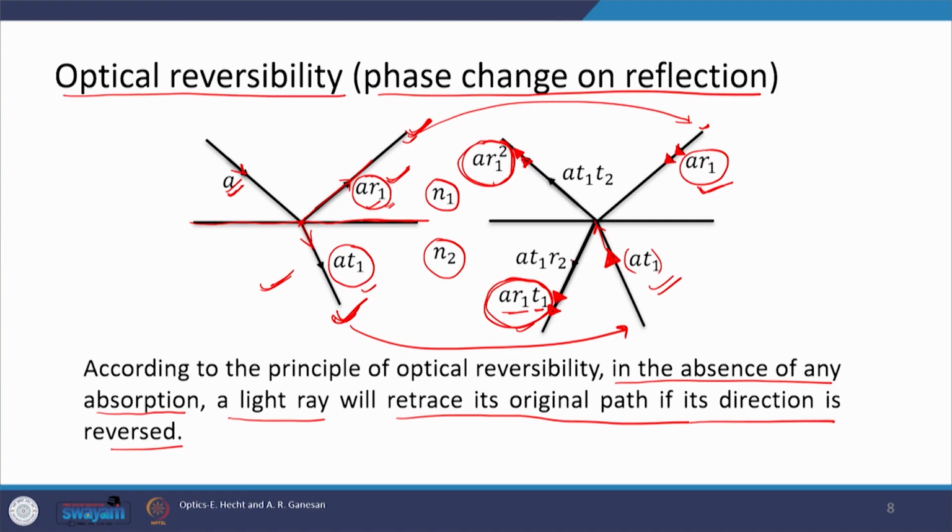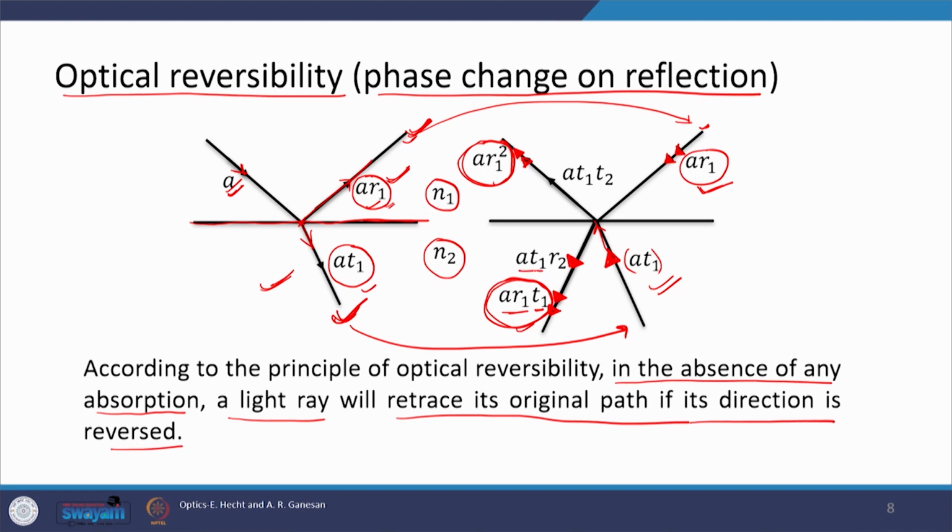Here we assume that the reflection coefficient is R2 and the transmission coefficient is T2. Now, the wave is incident at the interface and a part gets reflected, and here the reflection coefficient is R2. Therefore, we will just multiply R2 into A into T1.